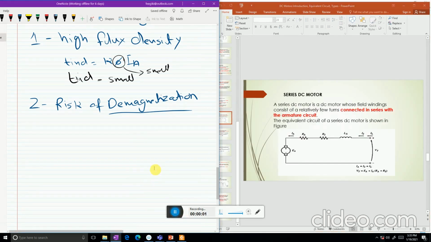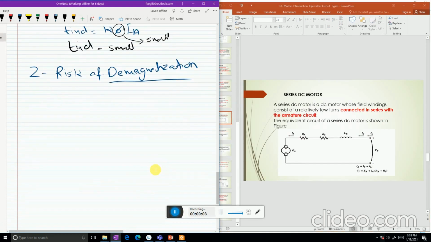Now the next motor is the series DC motor. As the name suggests, series means that the field coil is connected in series, like this. A series DC motor is a DC motor whose field windings consist of relatively few turns connected in series with the armature circuit. And its equivalent circuit looks like this.